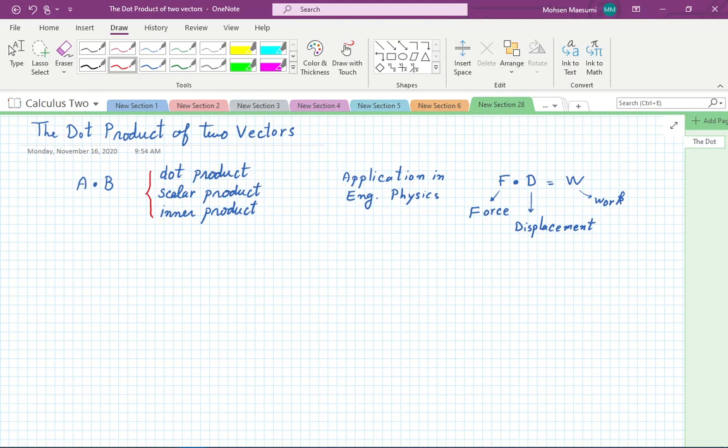So if I have a vector, let's take the vector A, and suppose it has components A1 and A2, and I have a vector B, and that one has components B1 and B2.